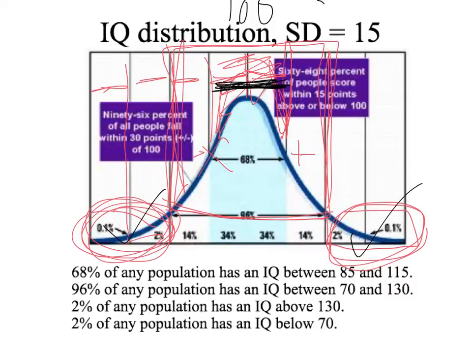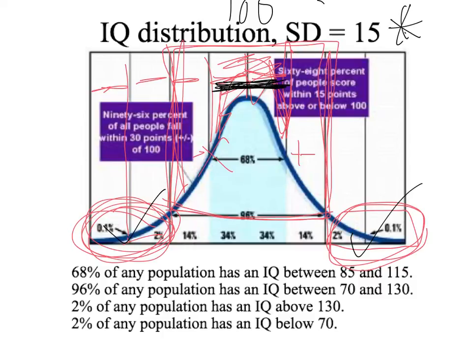We know that because the mean was set at 100 by the psychometricians, and the standard deviation for the test that was used to make this chart, because there are multiple intelligence tests and they don't all have the same standard deviation, we know that each standard deviation counts as 15 IQ points.